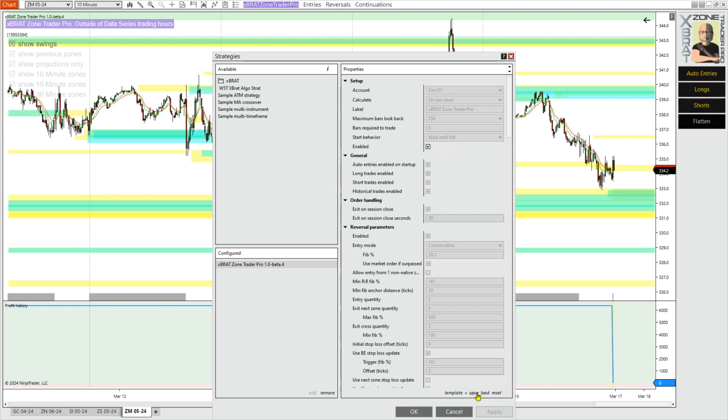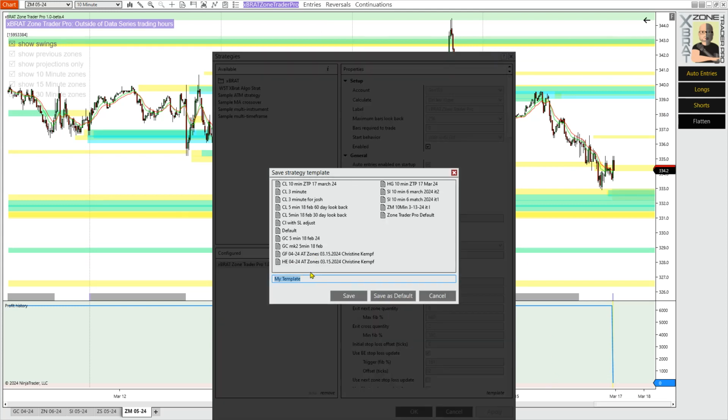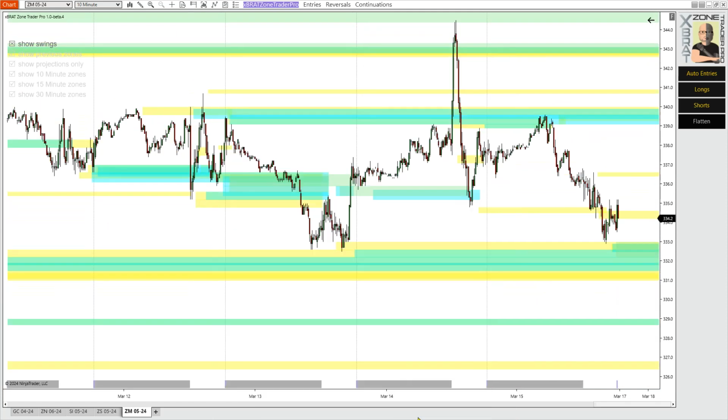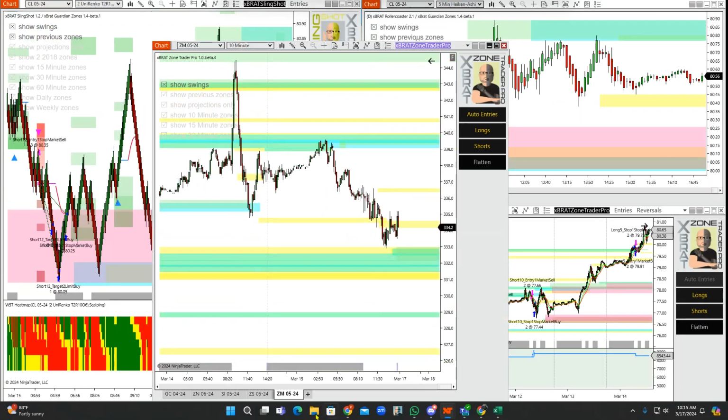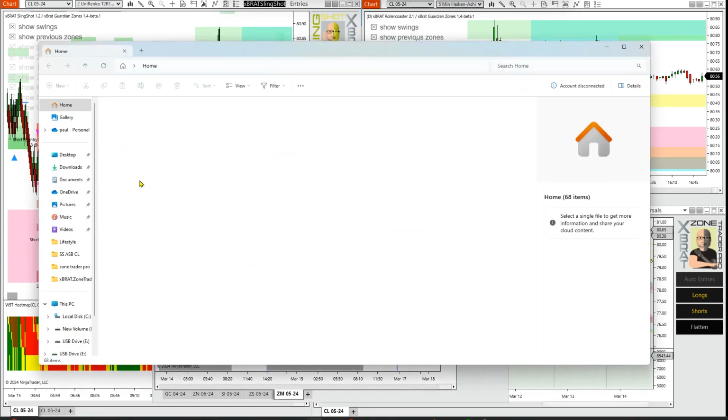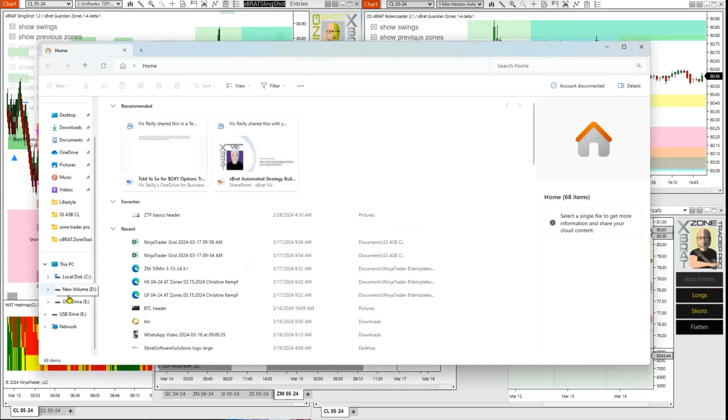So template, save, ZM, 10 minutes, Zone Trader Pro, 17th of March. So I can now find that file. So we go to NinjaTrader.